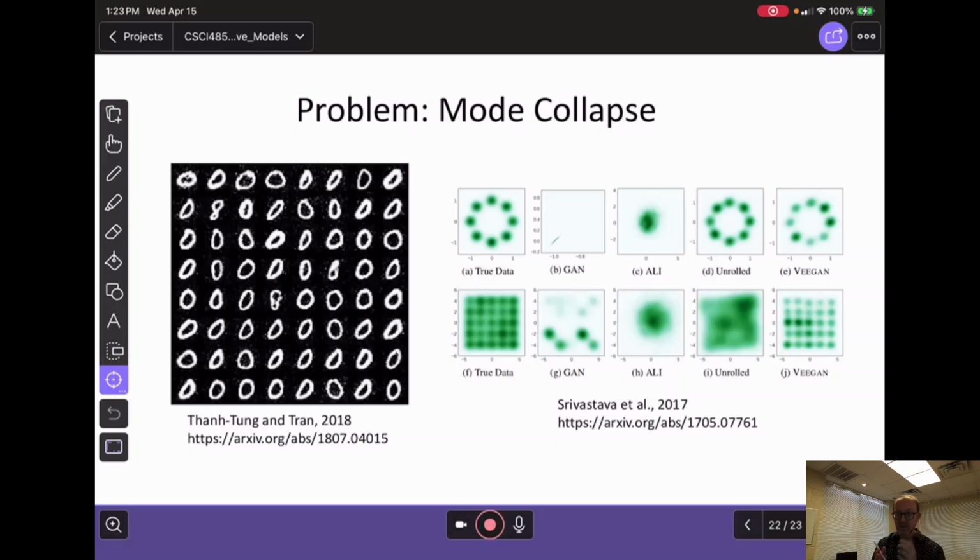In this case, the danger that you run into is that the objective itself is crafted such that you really don't have to find all of the modes in the data. So you can imagine the discriminator's only job is to be able to tell the difference between whether a particular image is real or fake. It doesn't really have any concept of what the digits are, 0 through 9. It just sees data that are images.